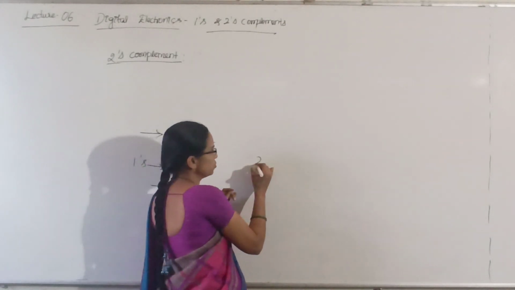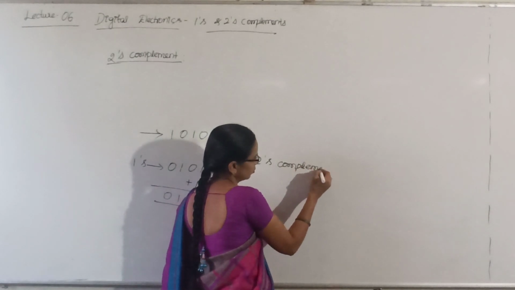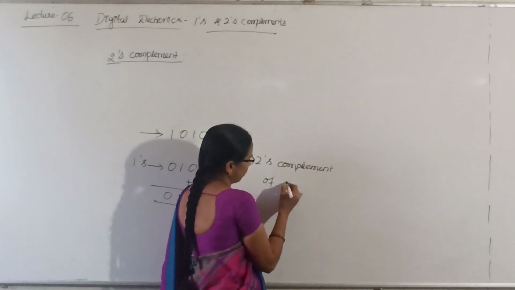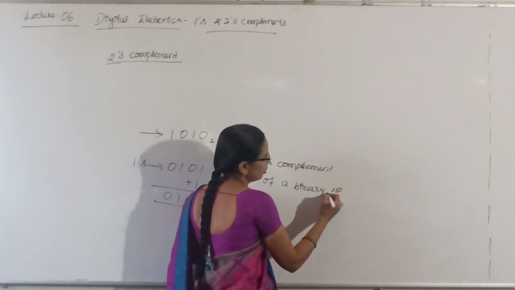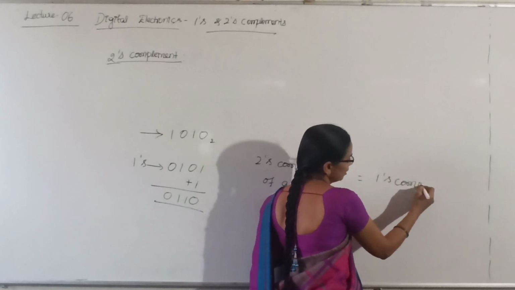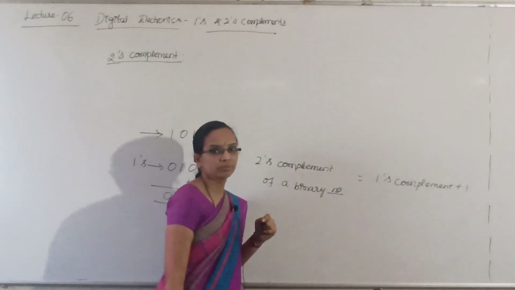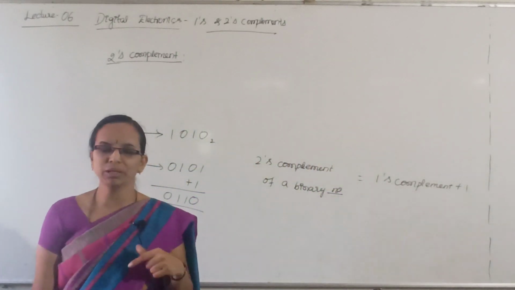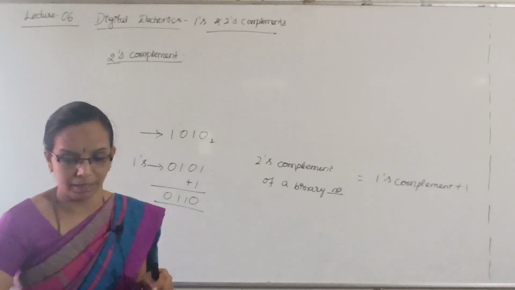That is, 2's complement of a binary number will be obtained by one's complement of that number plus 1. One's complement of the given number plus 1 gives you the 2's complement of a binary number.